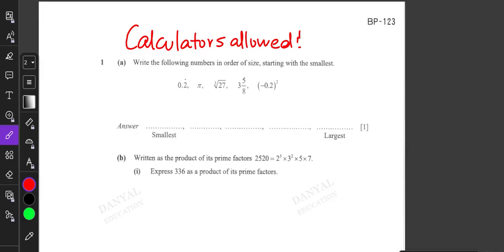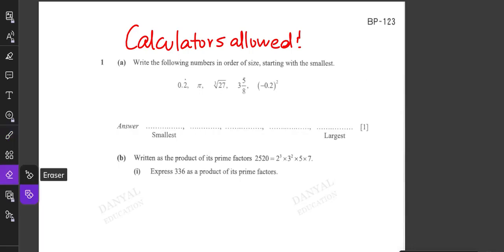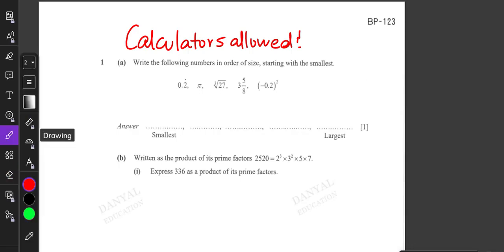Alright, so let's start. 0.2 with a dot. You can see that on top of the 2 there's a dot, which means it is 0.222222 all the way. So we'll just write it as 0.22.